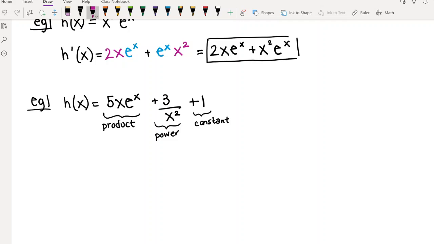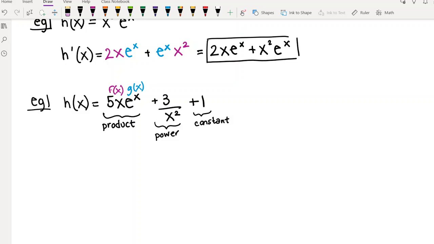So in this case, I would make f of x, the first function in our product rule, be 5 times x, and then make g of x be just e to the x. But if you wanted to, you could do 5 times x e to the x, and just focus on taking the derivative of this inside part using the product rule and then multiply in the 5 at the end. That would work as well. You'll get the exact same answer either way.